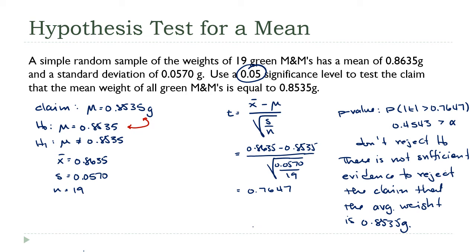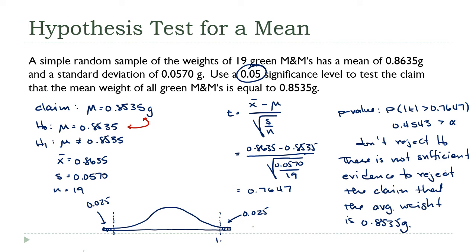Now, if you want to approach this using the critical value method, which would be your only option if you're working from a t-distribution table, since those only give you t-scores, not probabilities, to find the critical values, you need the t-scores that give you 0.05 total in these two tails. So that's 0.025 in each one. Again, you go to Excel or a table, whatever you prefer.